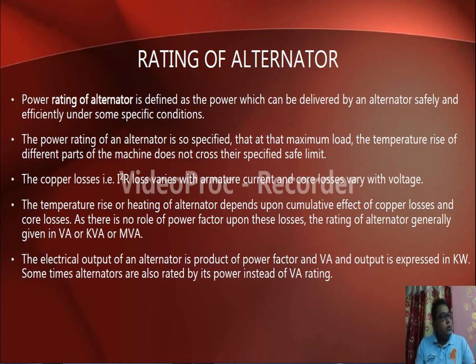In an alternator we have both core loss and copper loss. Including all of those, we find the rating: whatever power the machine can output after accounting for losses, at this voltage, frequency, current rating, speed, temperature and pressure.